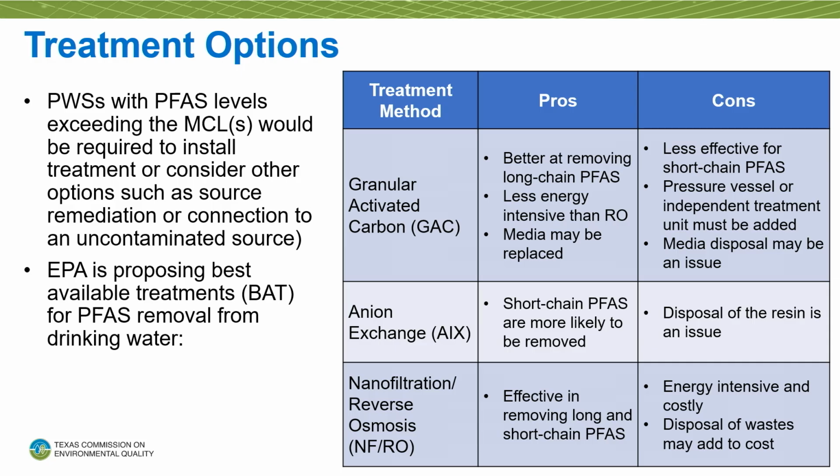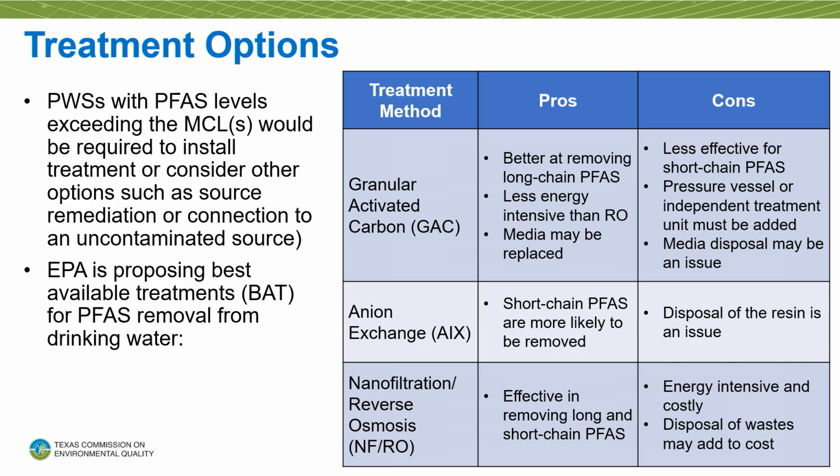It's less energy intensive than RO, and the media may be replaced. The cons would be it's less effective for short chain PFAS, a pressure vessel or independent treatment unit must be added, and media disposal may be an issue.